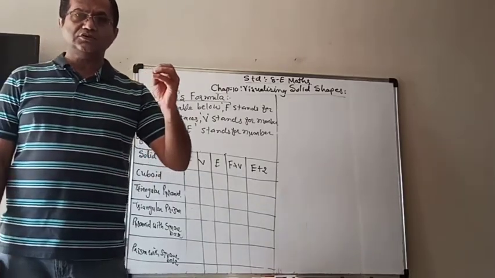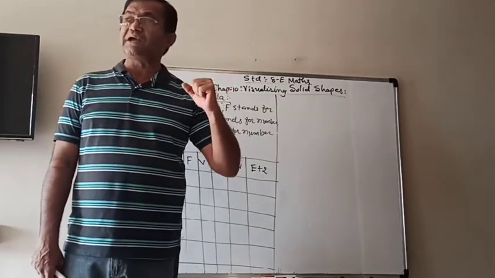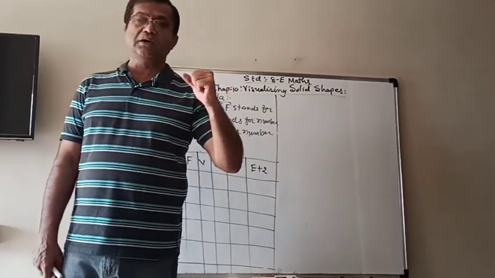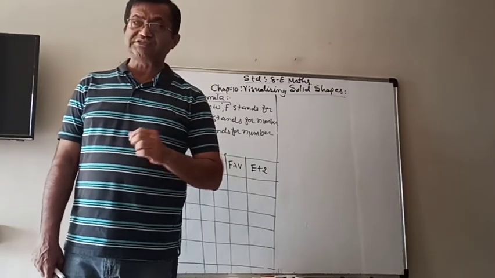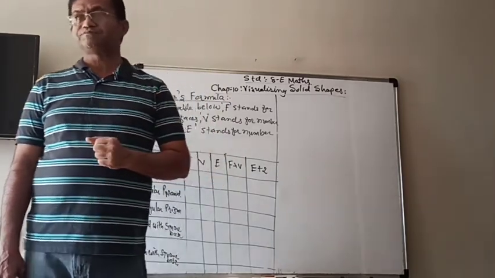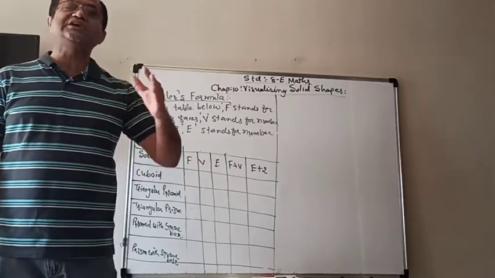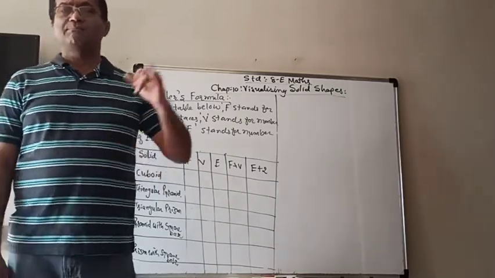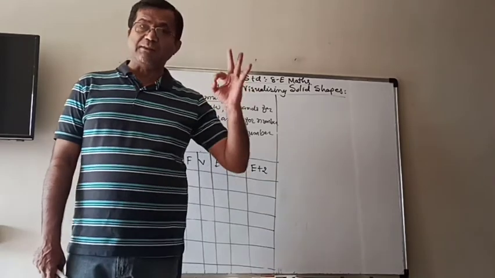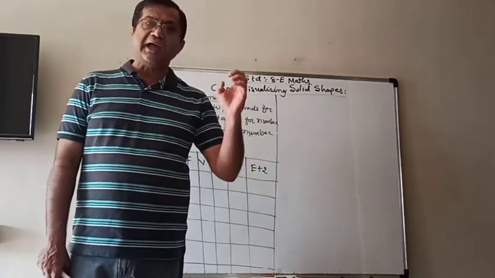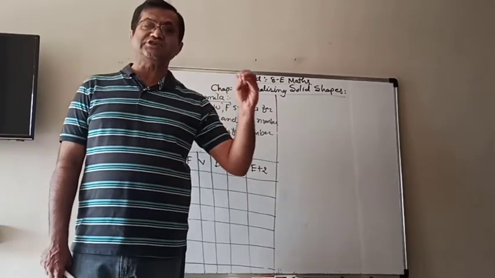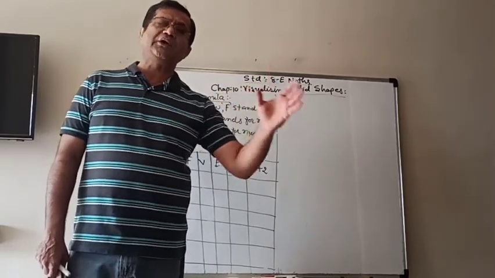Now today we are going to learn an important formula, that is Euler's formula, which shows the relation between the number of vertices, number of faces and number of edges of different polyhedra.